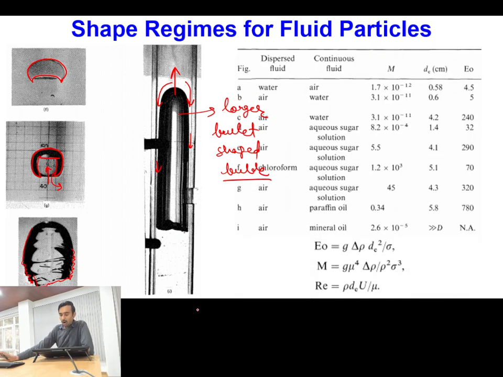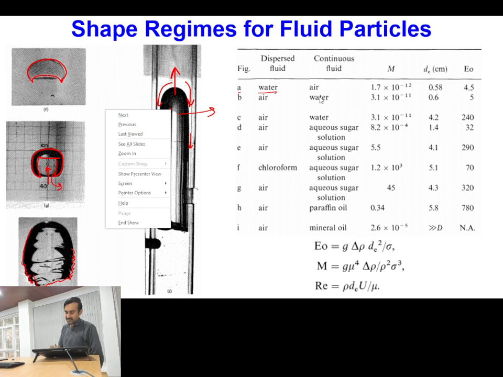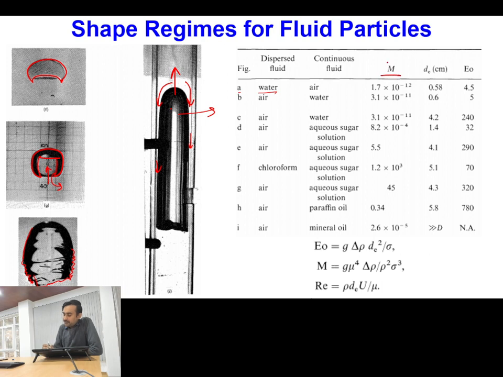Now all these shapes I have talked about, you can see these A, B, C, D, E numbers corresponding to different shapes. Here the fluids are mentioned. Dispersed phase means the fluid medium of the fluid particle, and continuous phase means the fluid medium surrounding the particle, and they correspond to this M. M is called the Morton number.